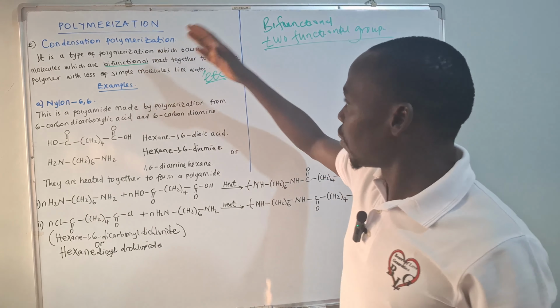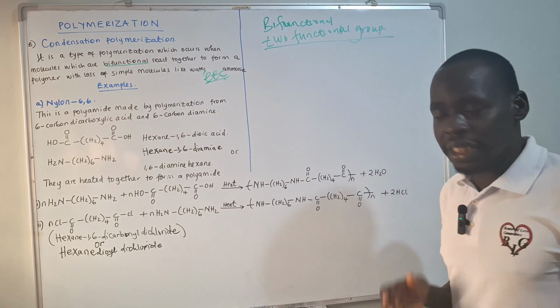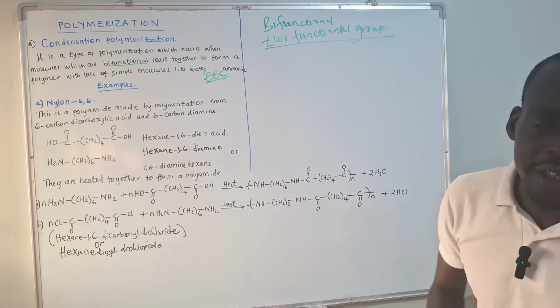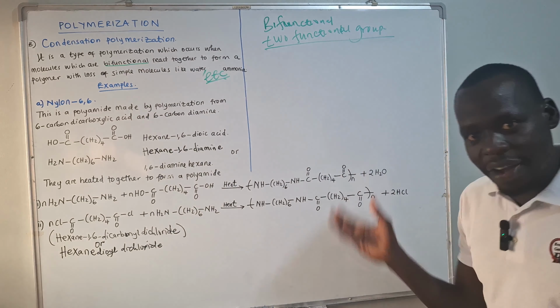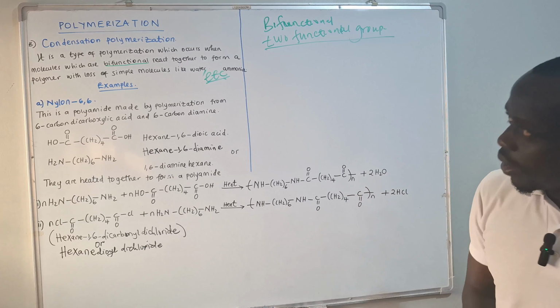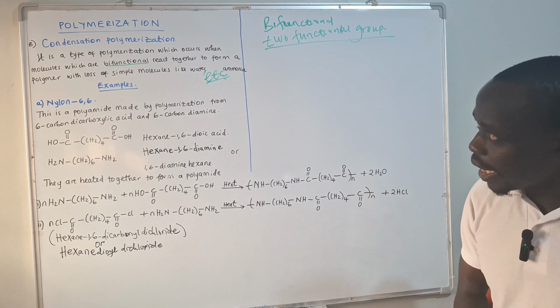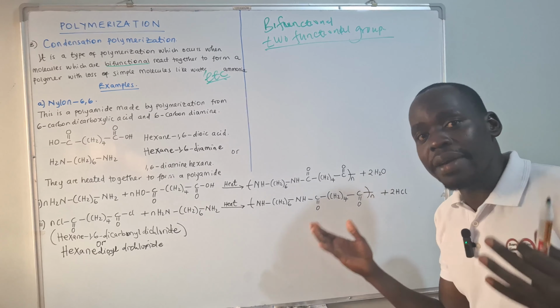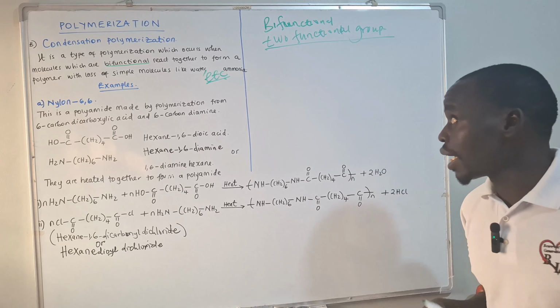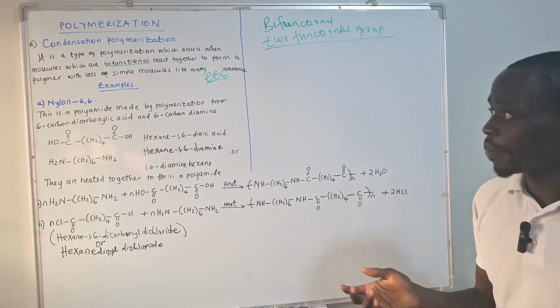You say condensation polymerization is a type of polymerization whereby the molecules, which are the monomers, which are bifunctional, react together to form a polymer. And the polymer formed here is also formed with other minor molecules like water, ammonia, etc.